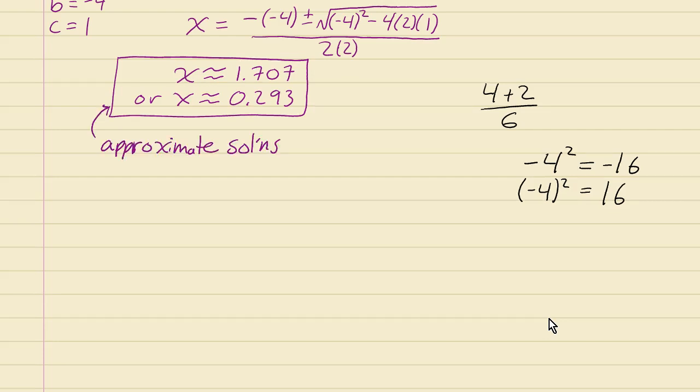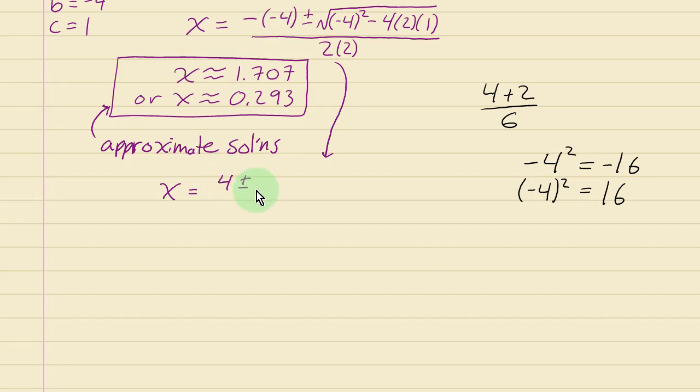But if you want exact solutions, then you have to simplify this out by hand without doing the square root with your calculator, because that's going to give you an approximation. So to get this exact solution, I'm going to say the negative 4 is just 4.